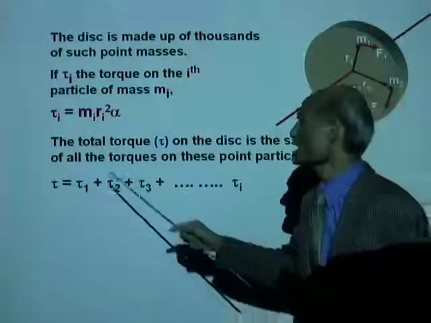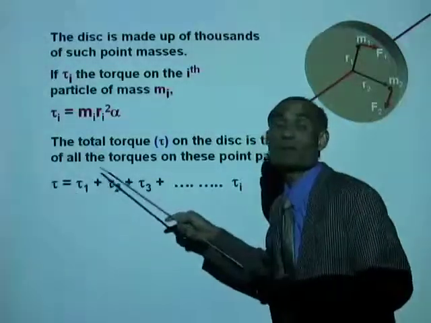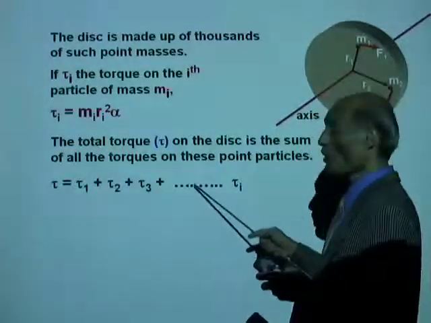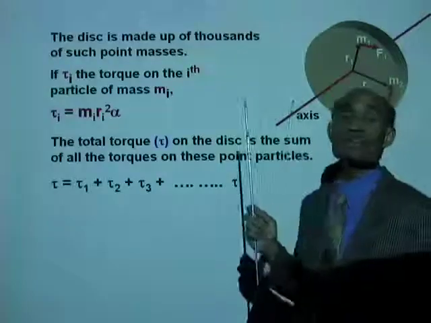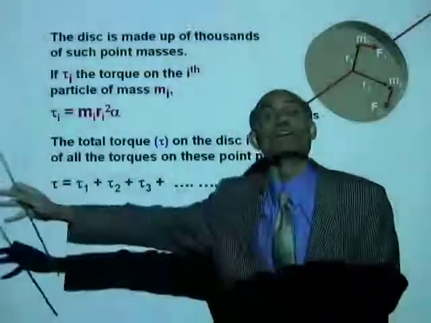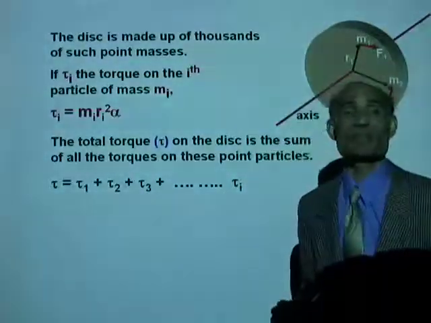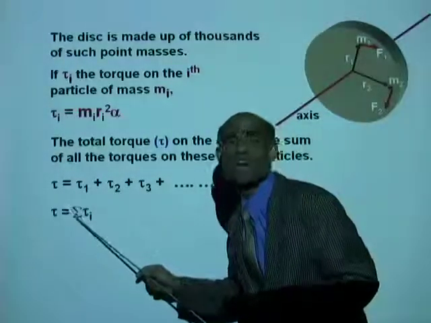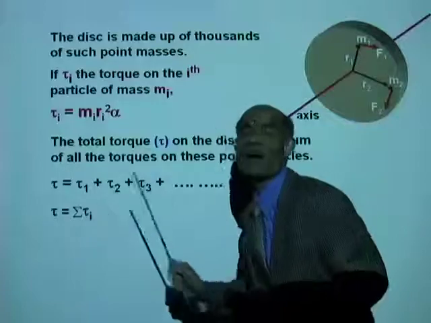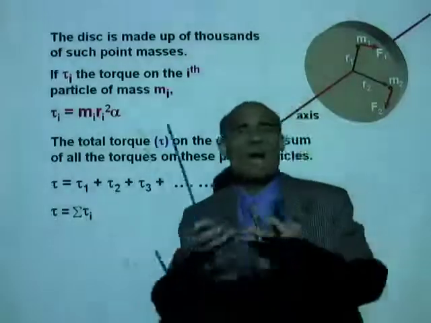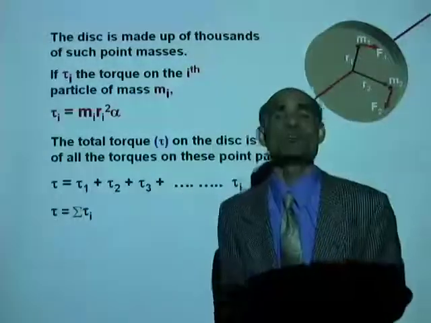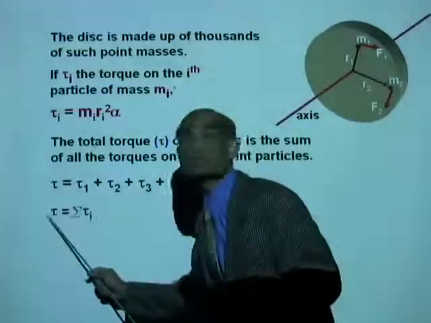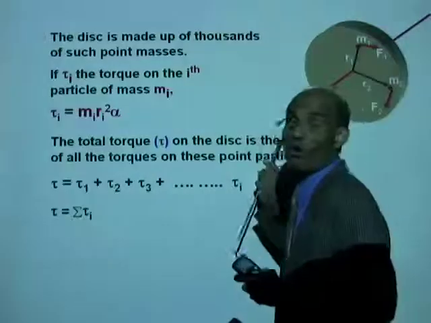How do I write it? Tau equal to tau 1 plus tau 2 plus tau 3 plus tau 4 and so on, all the way to tau i, depending on how many particles there are. And we can write it like this: tau equal to summation tau i. Add all the torques on all the particles. That will give you the total torque on the disk.